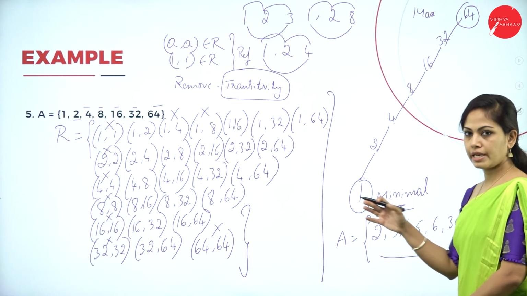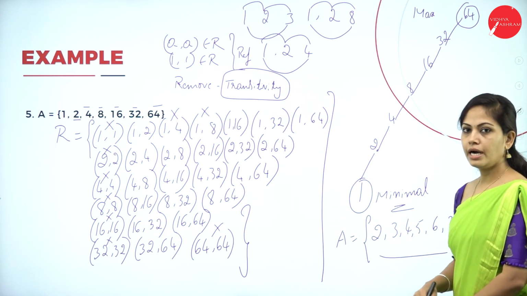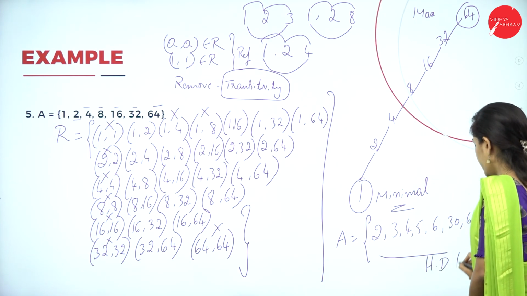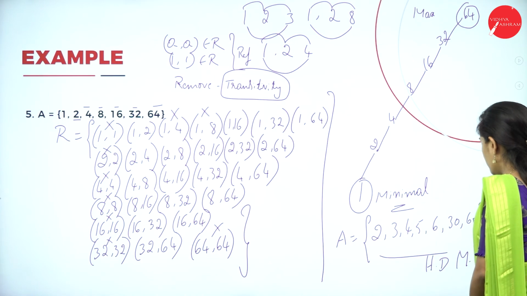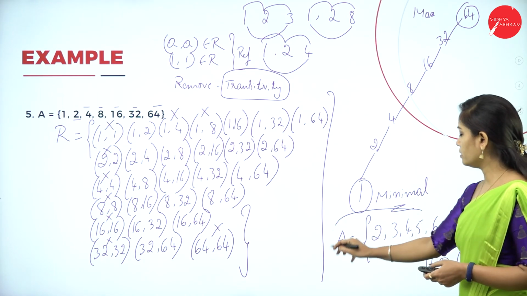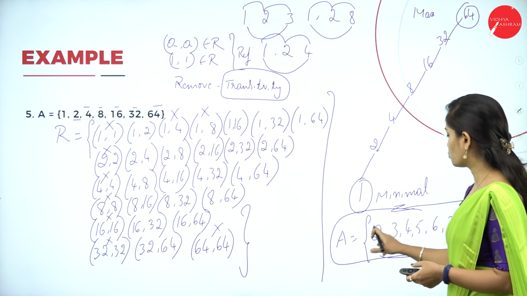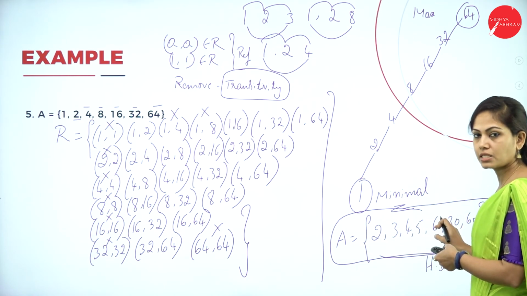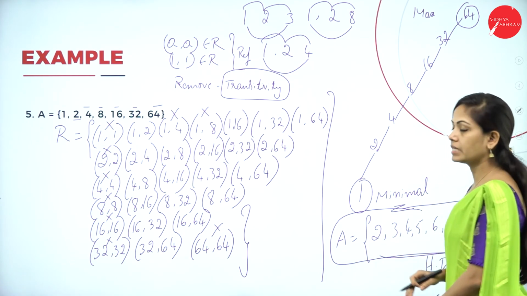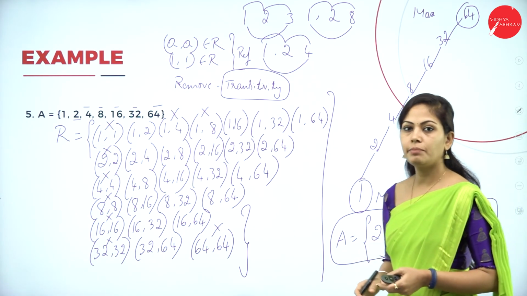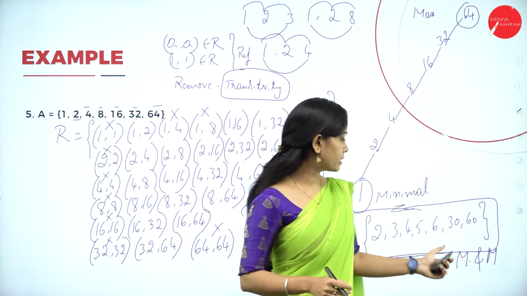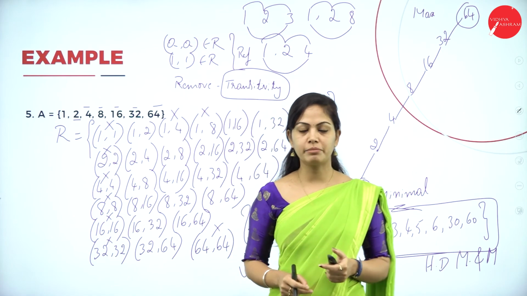You just find the relations like this and draw a Hasse diagram and also find the maximal and minimal element. Given poset values 2, 3, 4, 5, 6, 30 and 60. Just find the relation values and draw a Hasse diagram, and also find the maximal and minimal value. Please practice this problem. This is your assignment question.